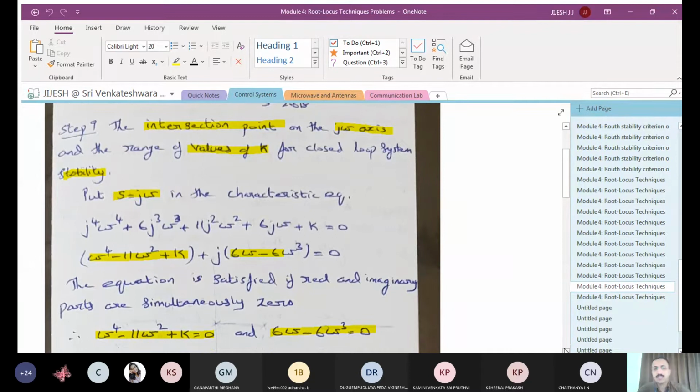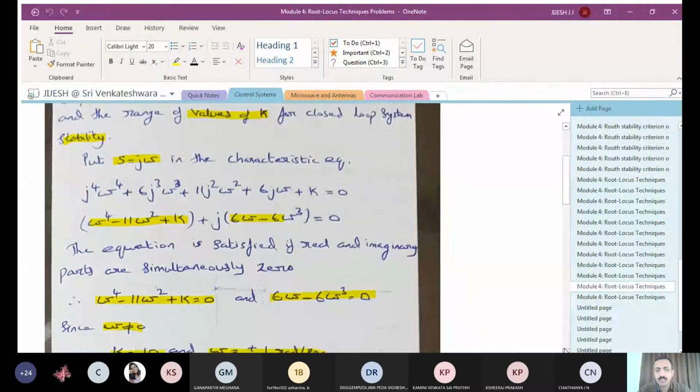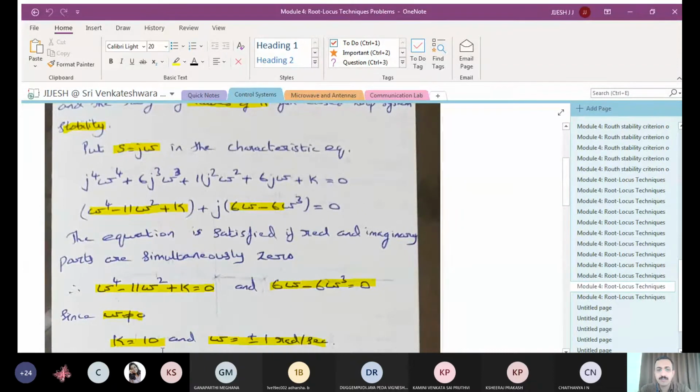Now the equation is satisfied if the real and imaginary parts are simultaneously 0. So we have to equate omega raised to 4 minus 11 omega square plus K equal to 0, as well as 6 omega minus 6 omega cube equal to 0. From these two equations we can say that omega will not be equal to 0. So we can come to the conclusion that K is equal to 10.